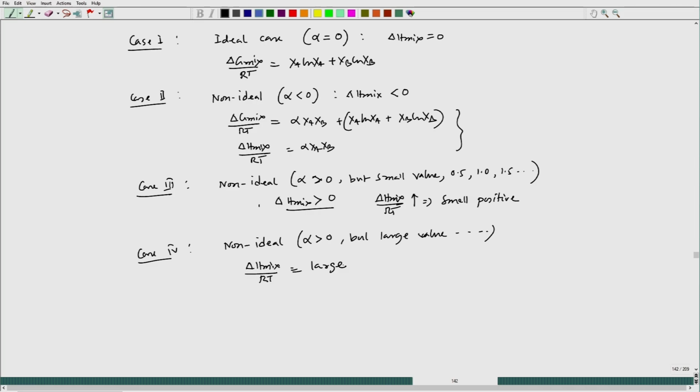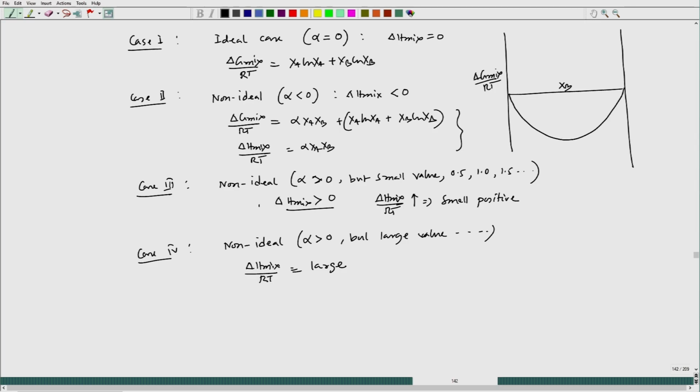Fine. And at that time we will see that the plot of delta G mix by R T with composition will change in shape from all the first 3 cases. So if I try to plot that, this is delta G mix by R T versus x_B.